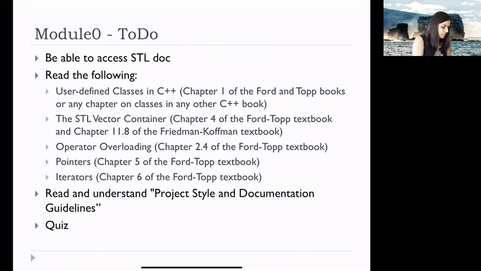So what are the module 0 to-do items? First, you should be able to access the STL document that's accessible via Canvas. If you look into the student resources, there are instructions on how to access that. Because we will be using STL in our programs, it makes your assignments easy. It's a library that has pre-coded header files.